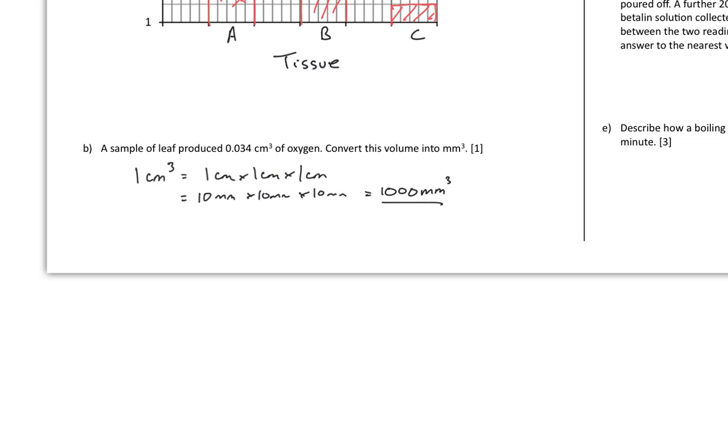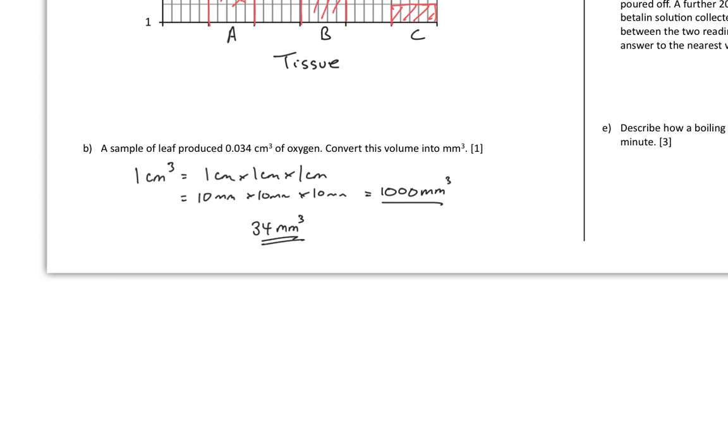So for 0.034 centimetres cubed, I need to multiply that by 1,000, so that comes in at 34 millimetres cubed.